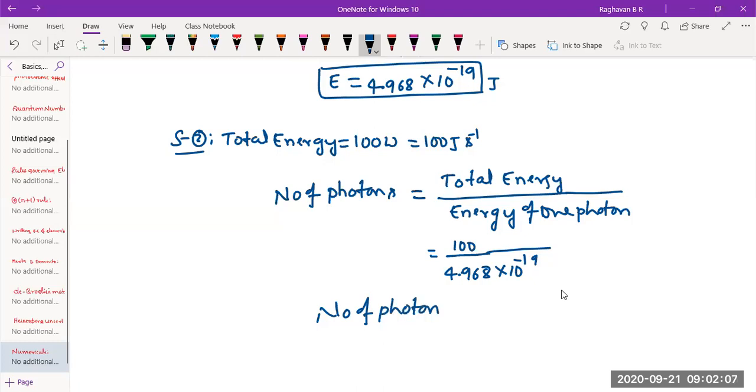20.1288. Generally, we'll keep the decimal after the first non-zero digit. 20.128 into 10 raised to plus 19.